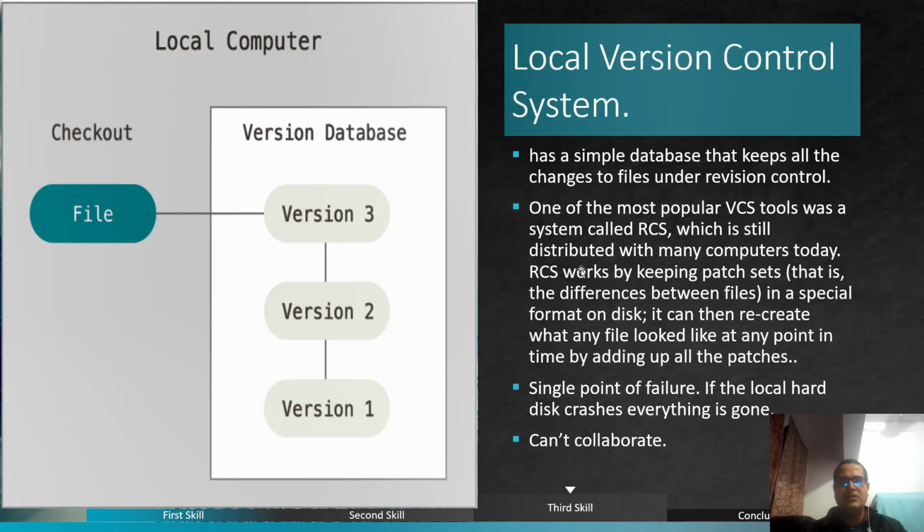Essentially, whenever a file undergoes any change, the delta or change set is recorded, and this change set goes on getting recorded whenever the files get changed. So this software works on those patch sets by subtracting or adding, and using various manipulations it can recreate the file to a specific state in time.